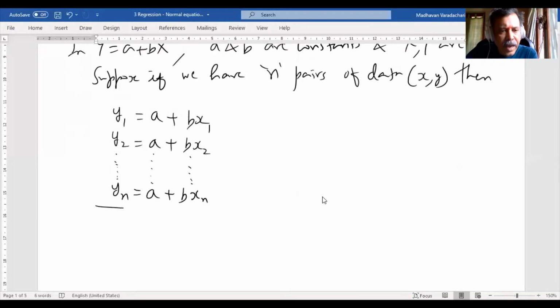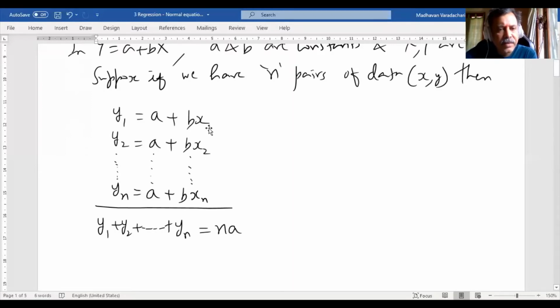Now, if I add all these equations, what do we get? Left hand side, you will get y1 plus y2 and so on up to yn. Right hand side, a plus a and so on up to a. That means there are n a's, so I will write it as n times a. Here b is constant in all of these, so I can take b outside, and then write x1 plus x2 and so on up to xn.